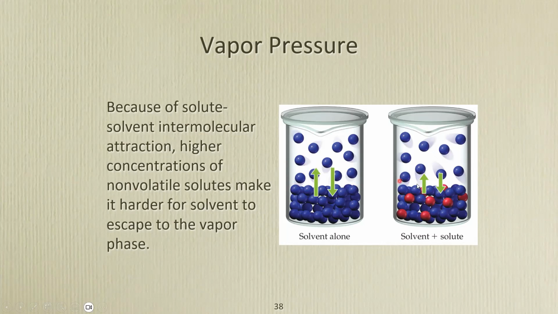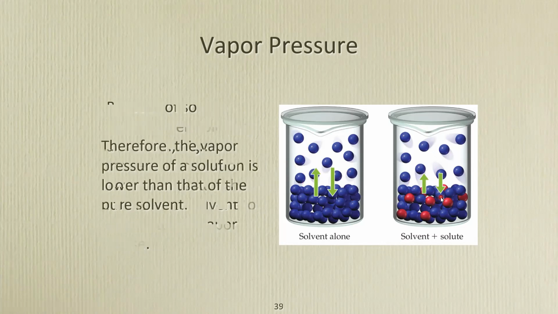But now we're going to have the intermolecular forces from the solvent as well as the intermolecular forces from the solute. So you can think of those as almost anchoring that solution down, because we're going to see the vapor pressure decrease. We're going to get less of this substance in the gas phase. And that's why in this image, there are smaller arrows for the solution than there are for the pure solvent.